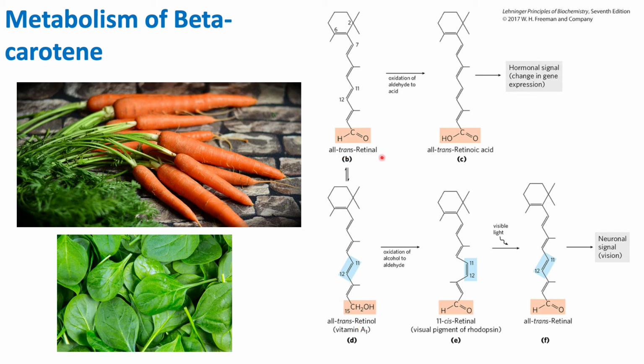So this all-trans retinal compound that is also produced by the cleavage of beta carotene will be converted into all-trans retinol through the enzyme retinal reductase, and this is actually a reduction step, because NADH is utilized and we will be gaining electrons. Now this all-trans retinal can also be converted into this, but we are not interested in this compound right now. We're just talking about it being converted into all-trans retinol.